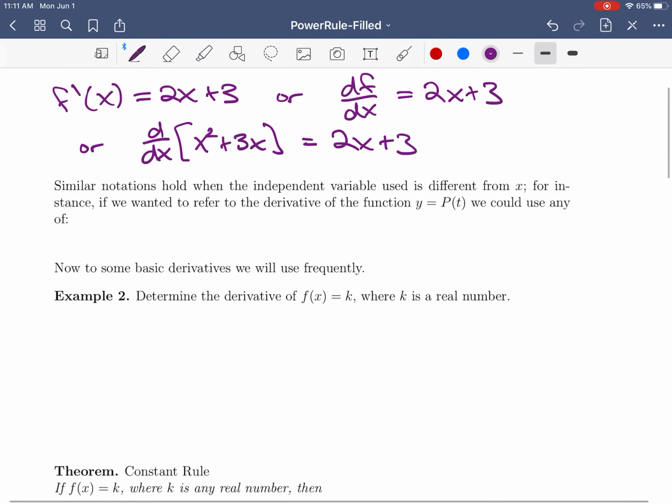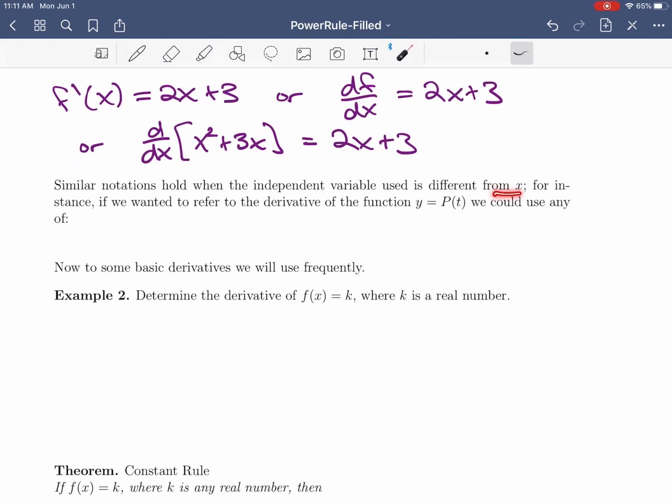The same notation holds when the variable changes. We don't have to use x all the time. We might have y as a function of t, for instance. We often talk about things over time, so sometimes we use the variable t. We might change the function name. Here our function is called capital P, but the notations are the same.